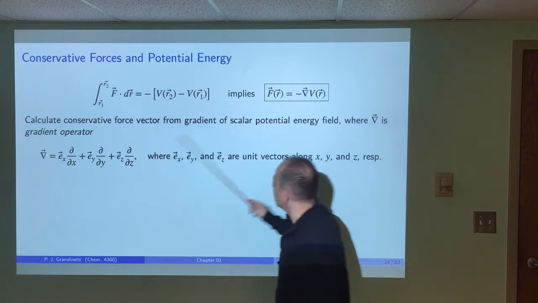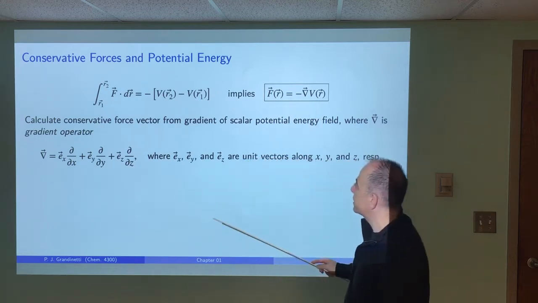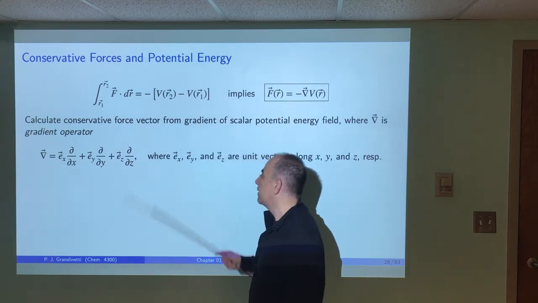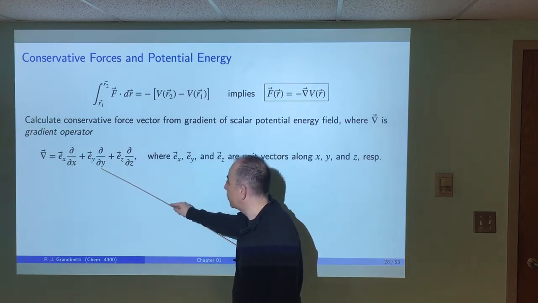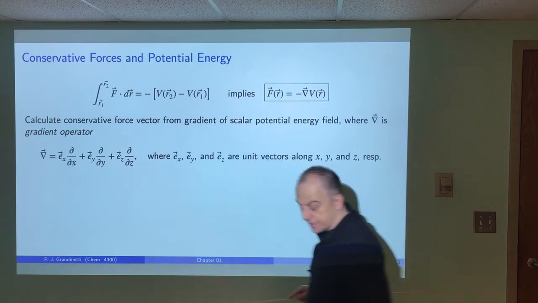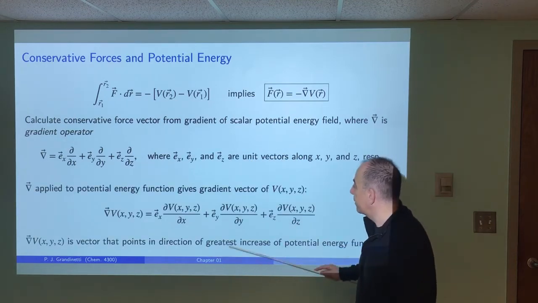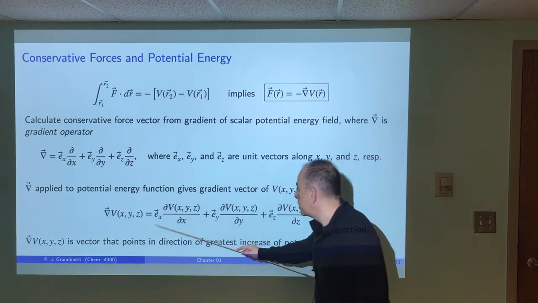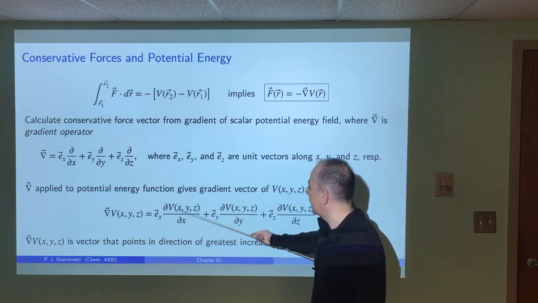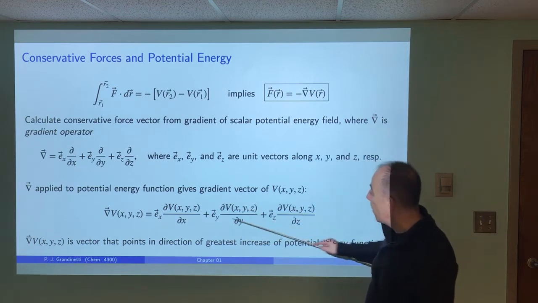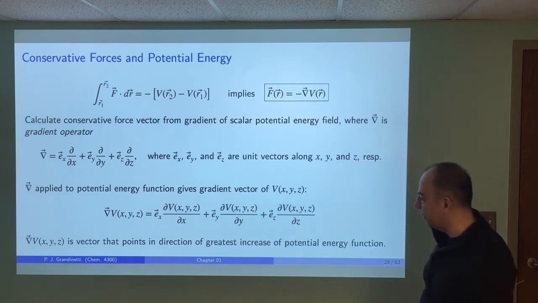The gradient, which you may not remember, is simply taking the partial derivative with respect to x and multiplying it by the unit vector along x, same for y, and the same for z. If I apply that to the potential energy function in Cartesian coordinates, it would look something like this. Then I'd have dV/dx, dV/dy, dV/dz, all multiplied by the corresponding unit vectors.